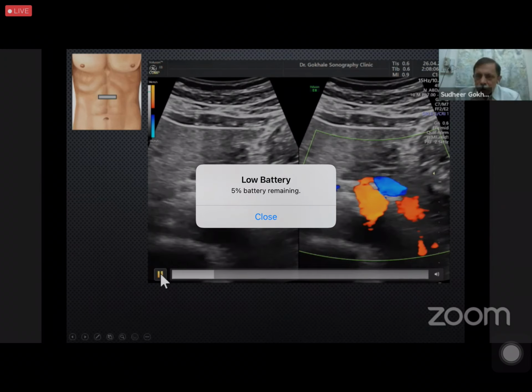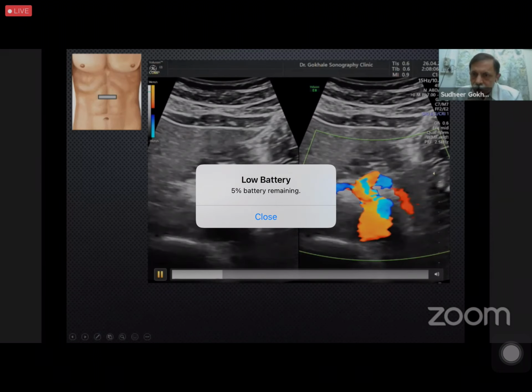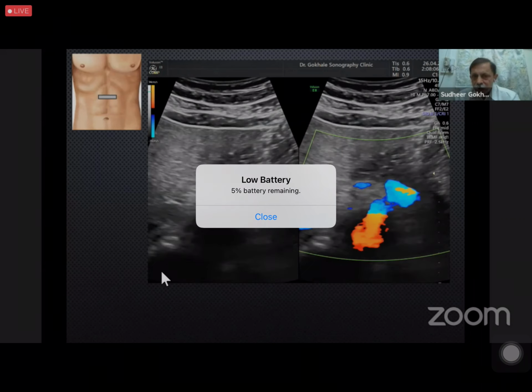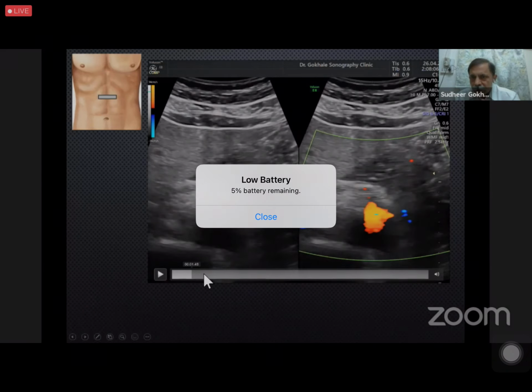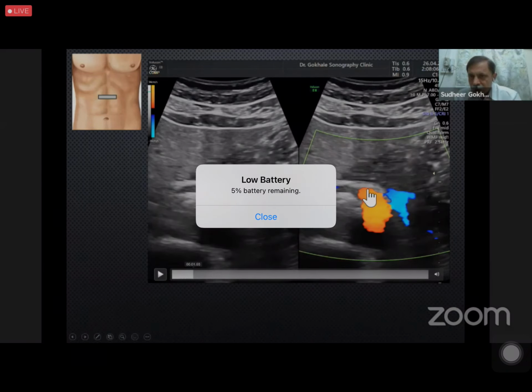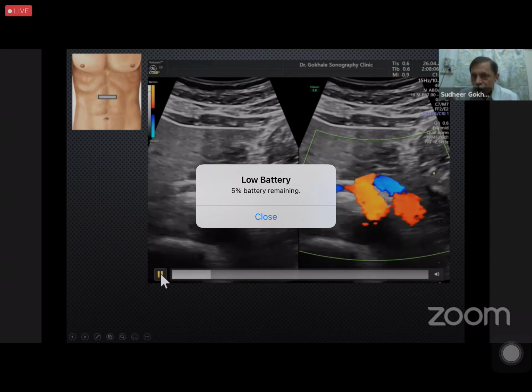Now, you know that the flow direction is shown by the color. So when you are in transverse section and you are looking at the celiac trunk, you will have the main trunk flowing towards you, and therefore it will be visible in yellow or orange. And the moment the splenic artery or the hepatic artery curves back, they will start showing color in blue.